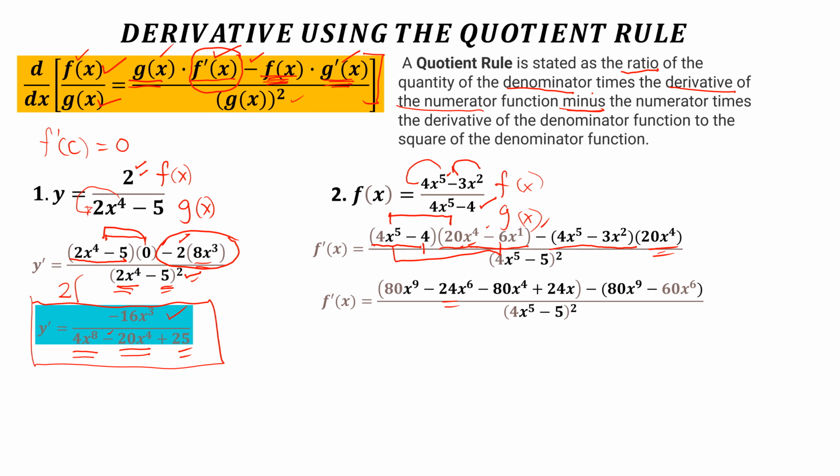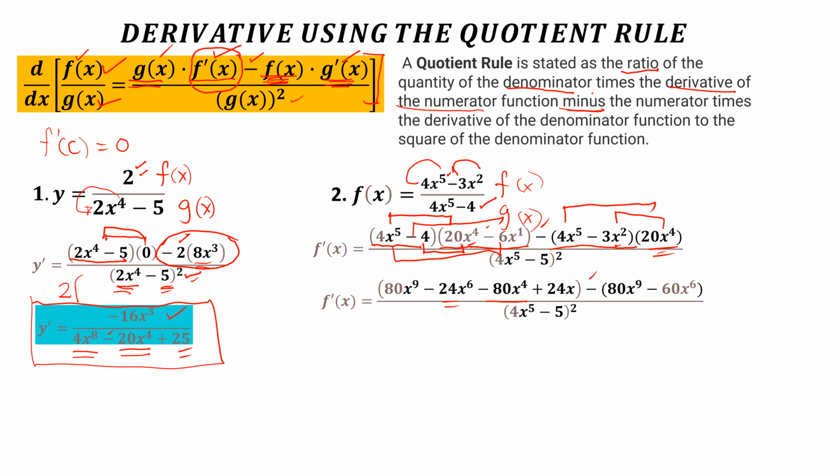And then the negative 4 times 20 is negative 80x to the 4, and the negative 4 times negative 6x to the 1 is positive 24x. Then minus 80x to the power of 9 minus the 20x to the 4 will be now multiplied to the negative 3x squared equals negative 60x to the 6.